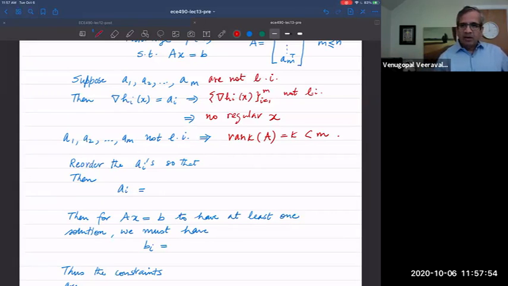If they're not linearly independent, then I can only find k of these rows that are linearly independent, and the other rows have to depend on them. So the rank of A is strictly less than m. Now we reorder the Ai's so that the top k of them are linearly independent.